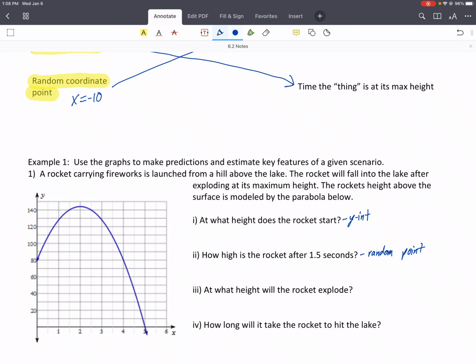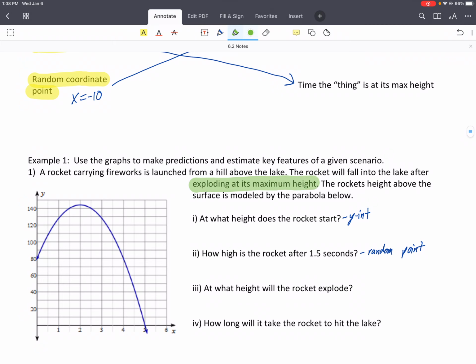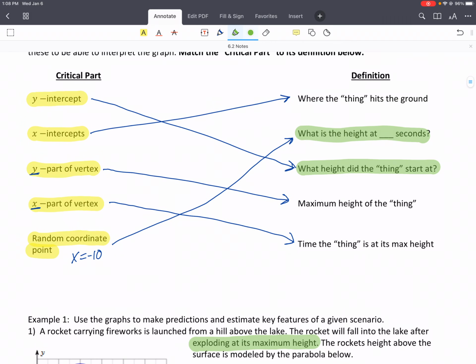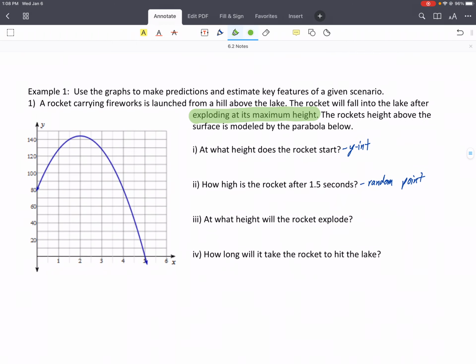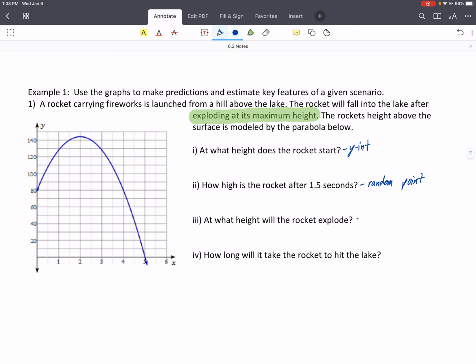Well, it says that the rocket will fall after exploding at its maximum height. So it's going to explode at the maximum height. So the maximum height of the thing, that's going to be this. So that one matches up with the y part of our vertex. So y coordinate of vertex.